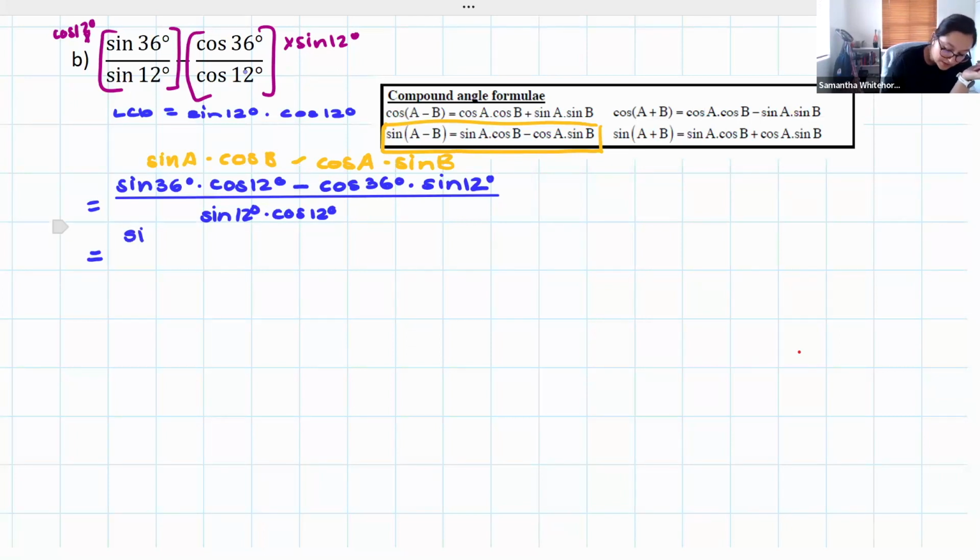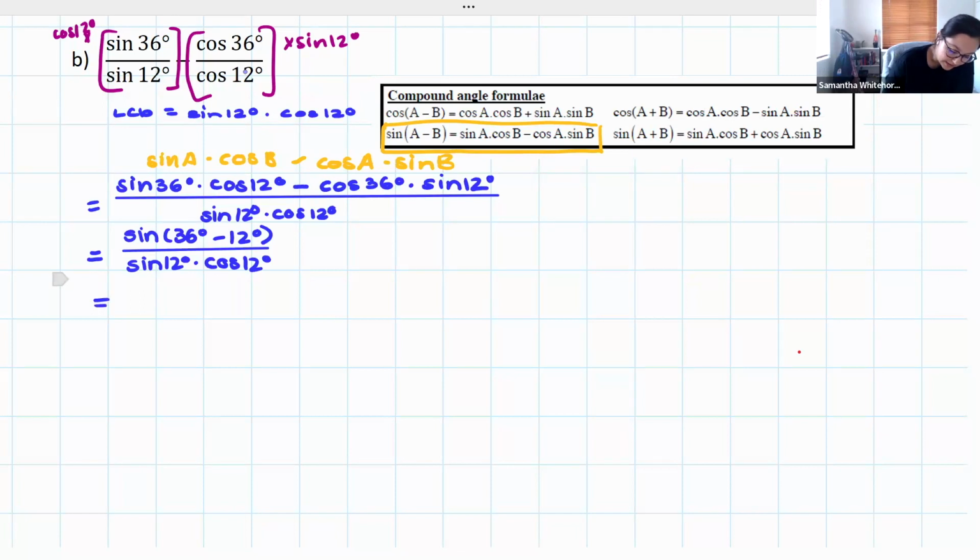Because we're going to have sine of 36 minus 12. And because they're multiples of 12, if you subtract 12 from 36, you end up with 24. And hopefully what we now see is that 24 and 12 definitely have a relationship. It's a double angle. And so now that's the next thought process I can head into.